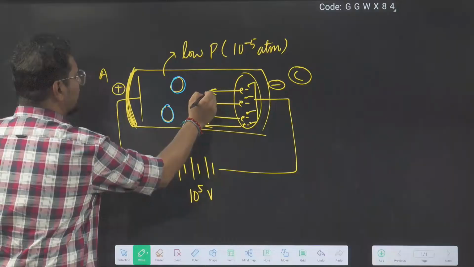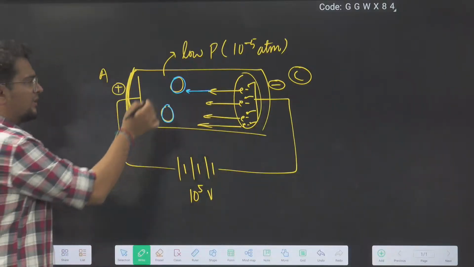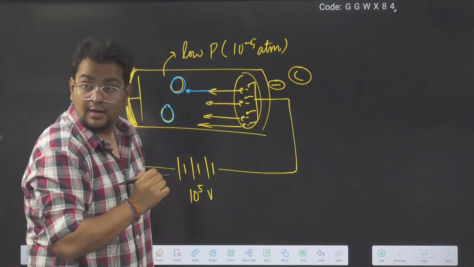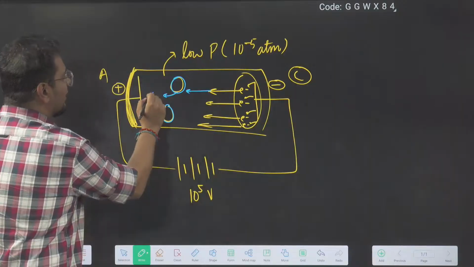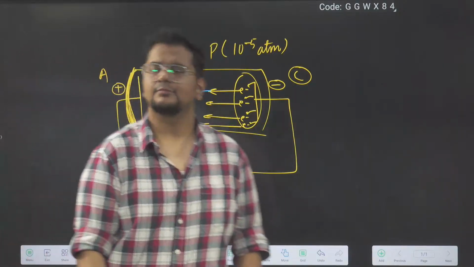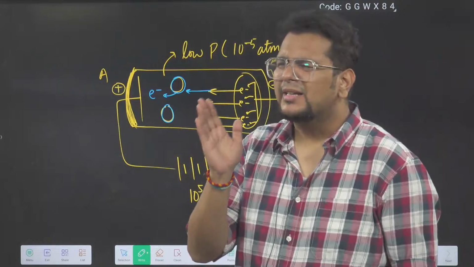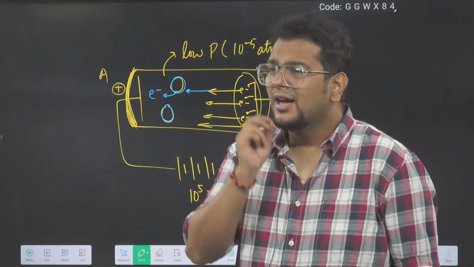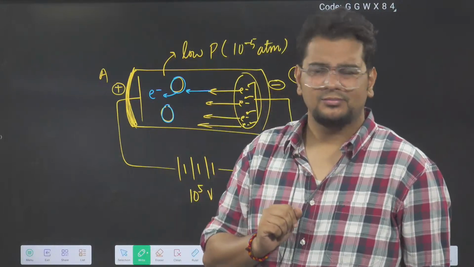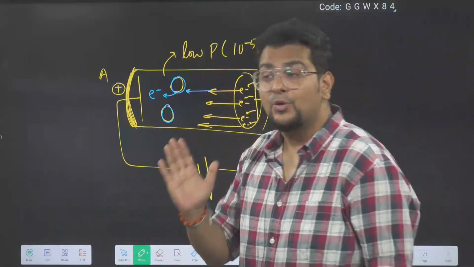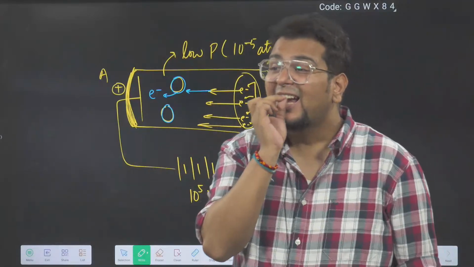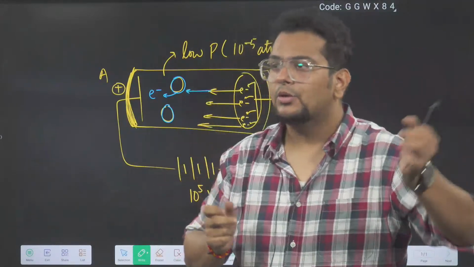High energy electron will come here, will strike the gas. From this gas, another electron will be ejected. Why, sir? If someone slaps you tightly on the face, will teeth come out or brain?